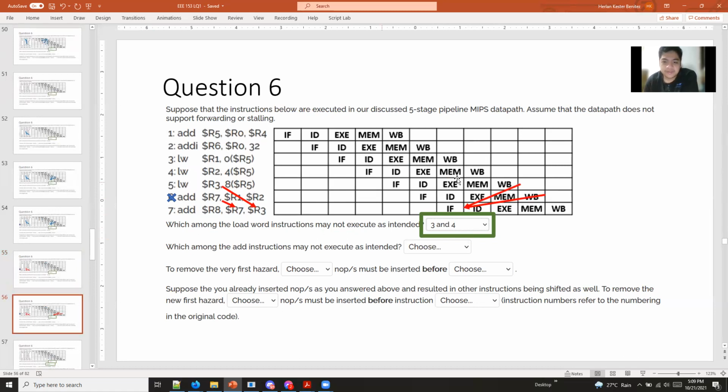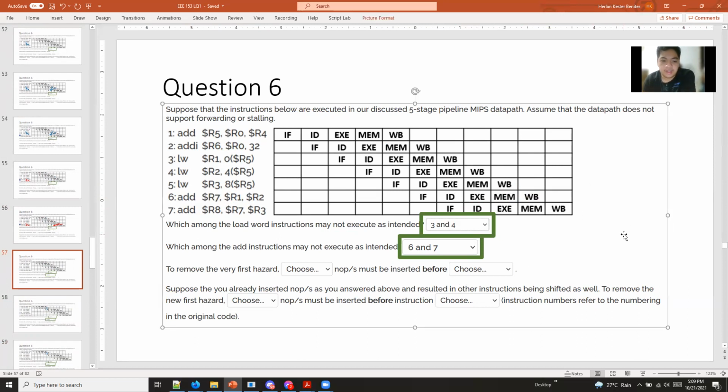Pero looking at yung timing din natin, yung write back ni 5 and 6 ay malayo pa doon sa instruction decode ni instruction 7. So both add operations 6 and 7 ay hindi natin ine-expect mag-execute ng tama. So to remove the very first hazard, which is kay instruction 3, kailangan natin mag-insert ng no operation.